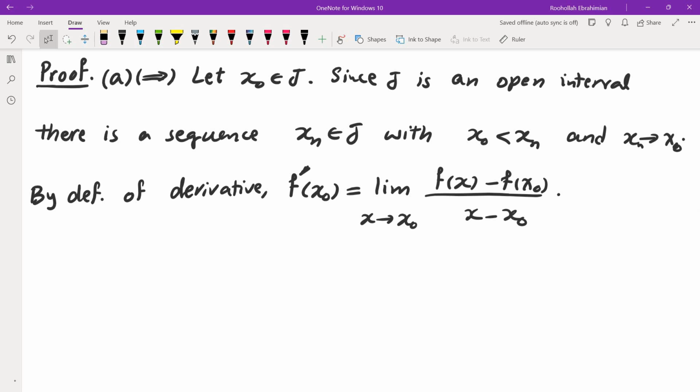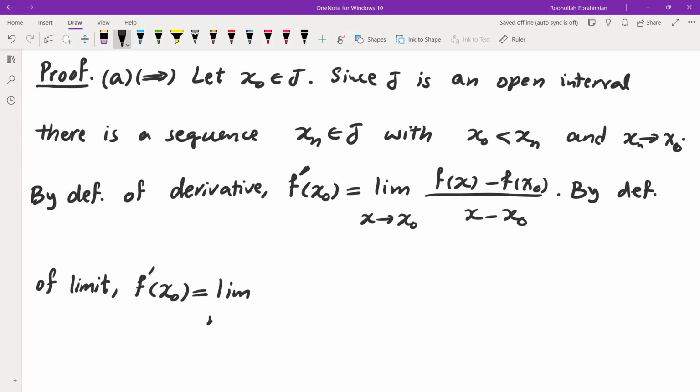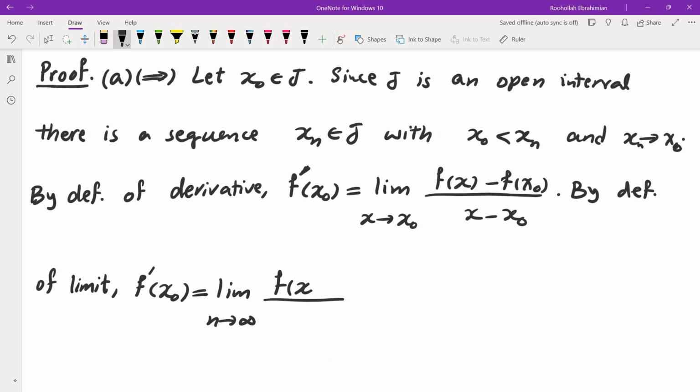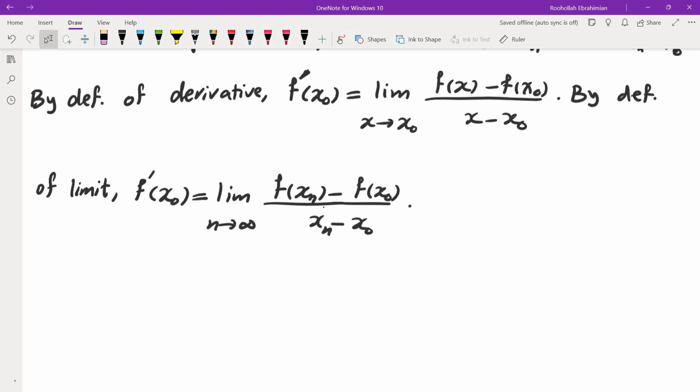Now I'm going to replace x by x_n and use the definition of limit. By definition of limit, f prime of x naught is going to be the limit as n approaches infinity of f of x_n minus f of x naught over x_n minus x naught.